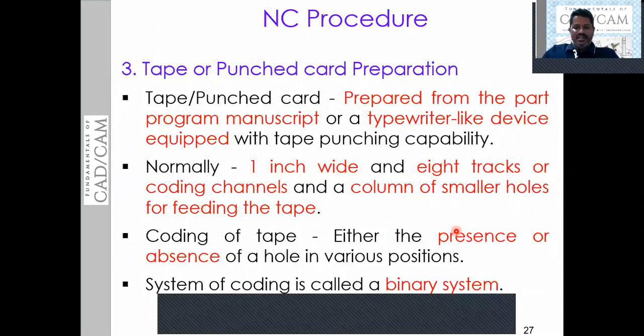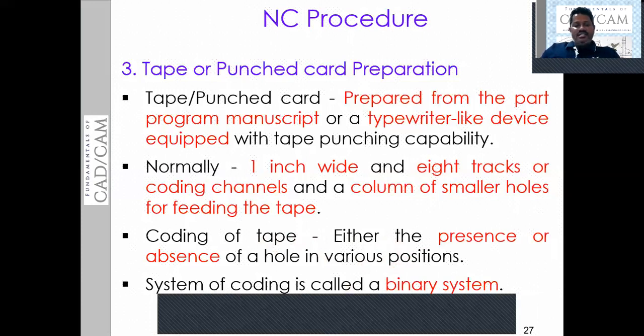When you don't specify a hole at a specified location, it gives some meaning. The meaning of the coding of the tape indicates whether you have a hole or you don't have a hole in various locations. That gives us some coding.